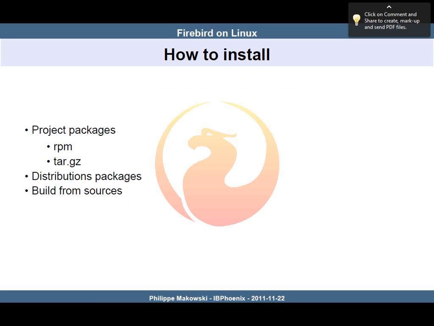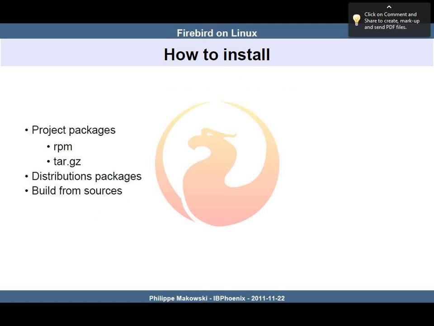Just two things. The first thing you have to do to run Firebird on Linux is to install it. And if you want to install it, you have many choices. In fact, under Linux, you always have a choice. So you can choose project packages. We provide both RPM and tar.gz.